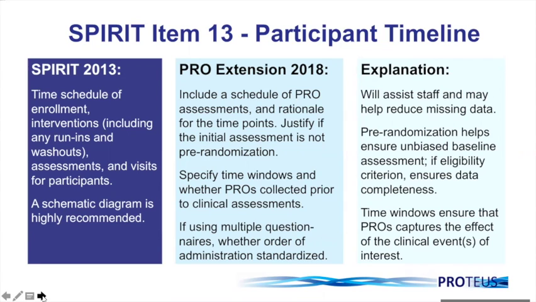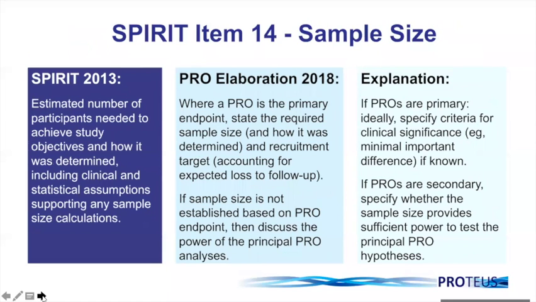Pre-randomization assessment will help ensure unbiased baseline assessment, and if it's an eligibility criteria, it can help ensure data completeness. Having pre-specified time windows will help ensure that the PROs capture the effect of the clinical events of interest.